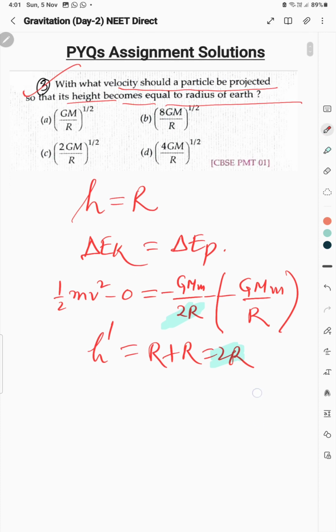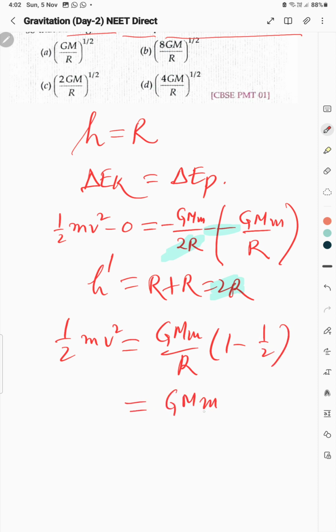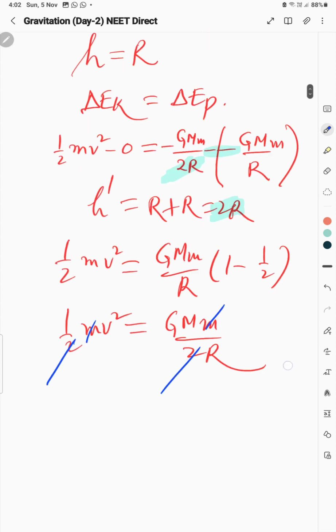All right. Now you can simplify it: half mv square, and on this side this minus and minus has become plus. So we can write it like this: GMm by R times 1 minus 1 by 2. Now you simplify, and by simplification I mean strike off what is common on both sides. 2 and 2 go away. This m and m go off.